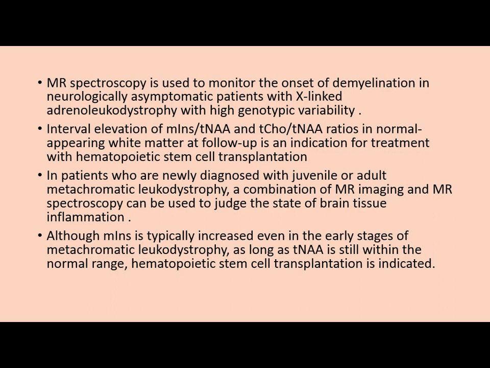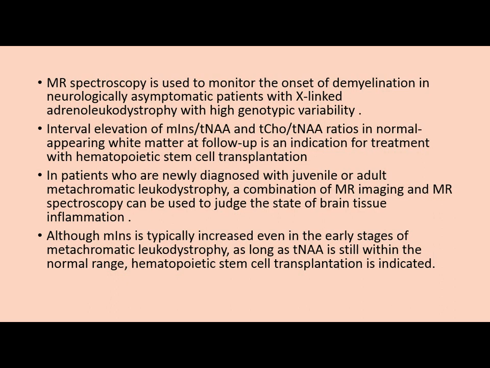If the imaging starts to be abnormal, it will not be beneficial. So it is very beneficial in these patients. If there is abnormal imaging, no need for stem cell transplant. No, but if the spectrum is abnormal, there's still hope before the child gets neurological deficit.